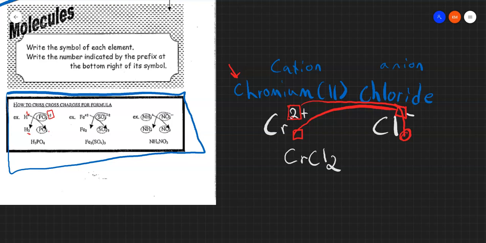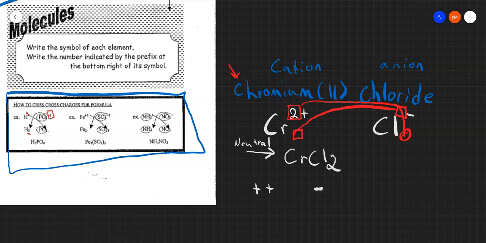So this is a quick way of figuring it out, but let's talk about why. Why is it CrCl2? It has to do with the charges. If I have 2 plus charges here, and I have 1 minus charge here, this needs to be neutral, because that's the way nature works. When it forms these ionic compounds, it's neutral.